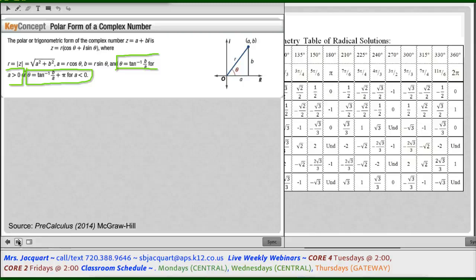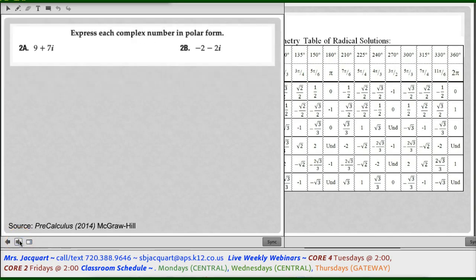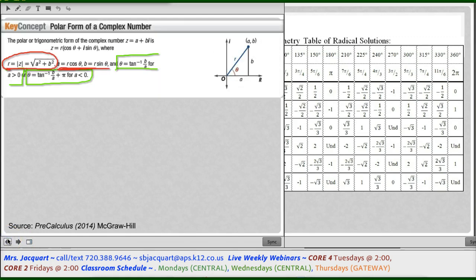And then in order to find r, and we'll work these, but they're all coming from here. All those parts, memorize them. So we want to express the complex number in polar form, and what that means is we want it to look like this.